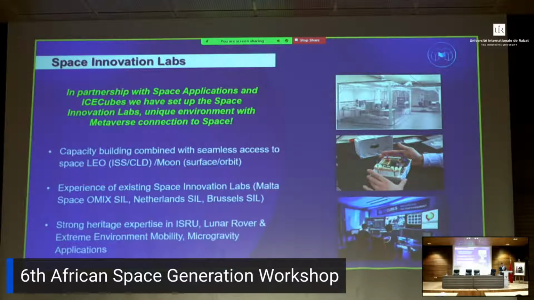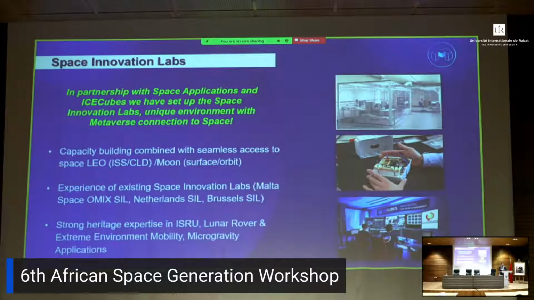What is a Space Innovation Lab? Well, it's basically a normal lab that you guys have seen, but we have access to space. Let's say you guys design a fluid dynamics experiment here at the International University of Rabat. You have a Space Innovation Lab here, and then your Space Innovation Lab is connected to the Space Innovation Lab that Space Applications already has on the ISS.